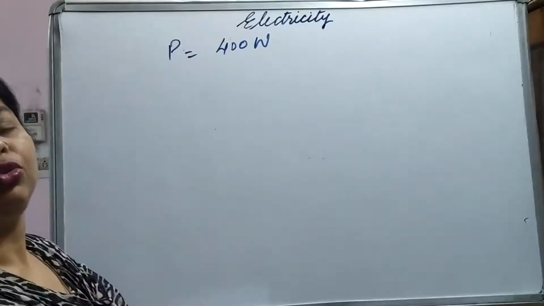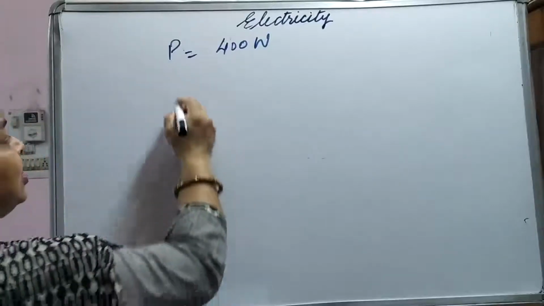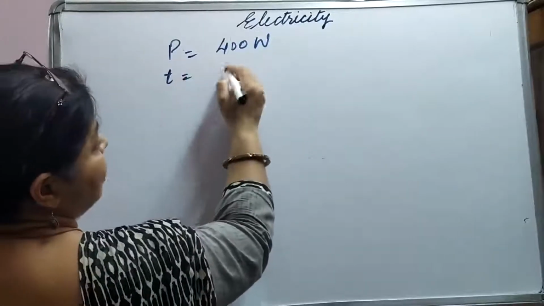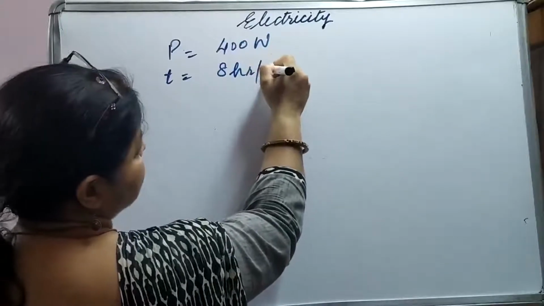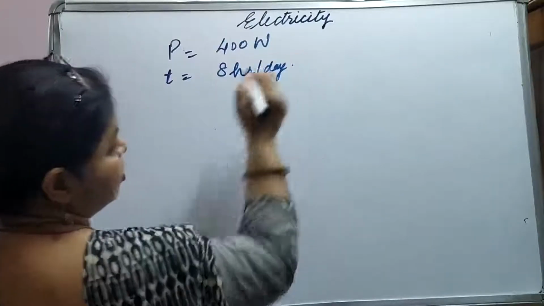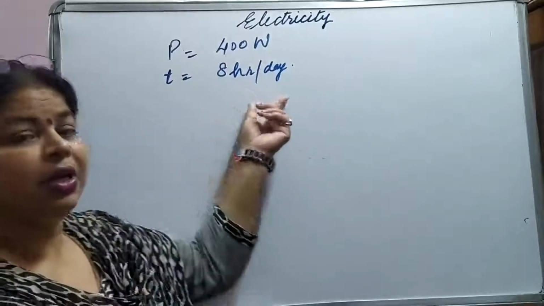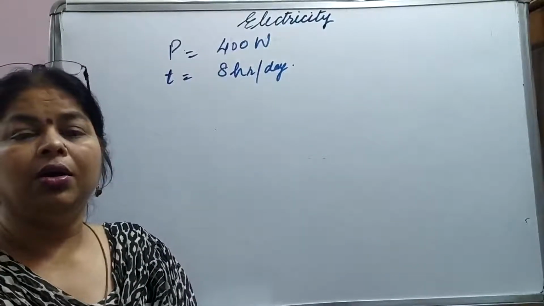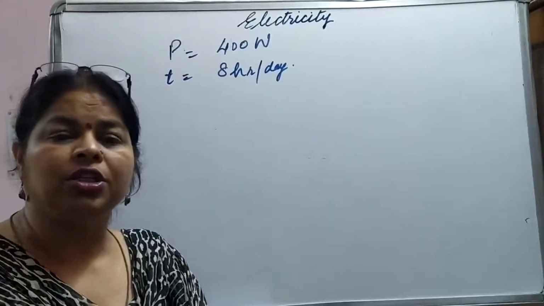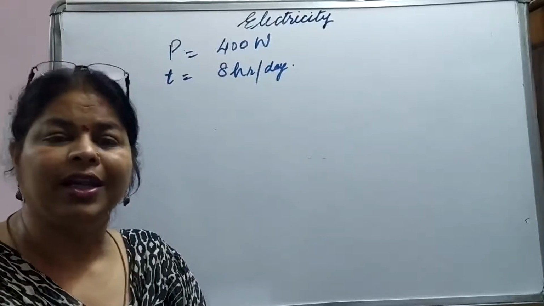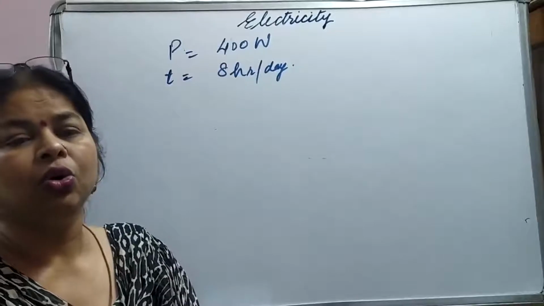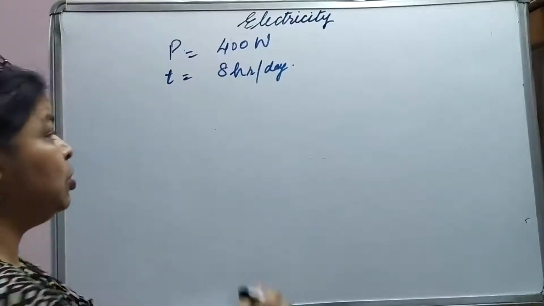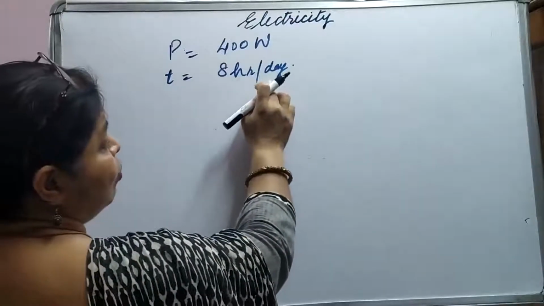Time, we are going to talk about time now. What is the time? Time is 8 hours per day. There is some meaning of this per day. Now, what is the cost of the energy to operate it for 30 days at rupees 3 per kilowatt hour? What is being asked? The time duration: for 30 days.